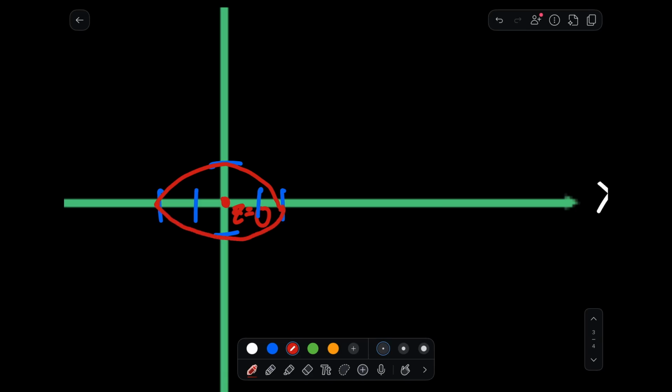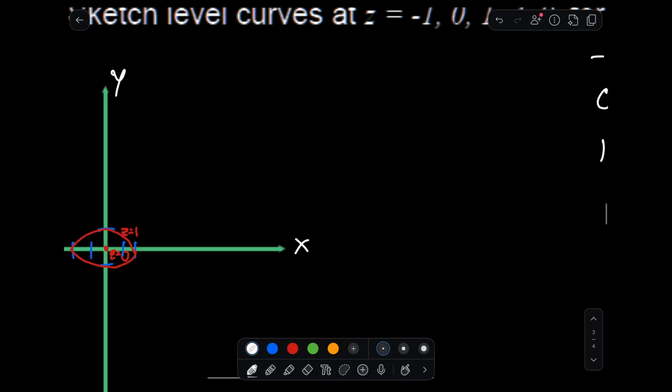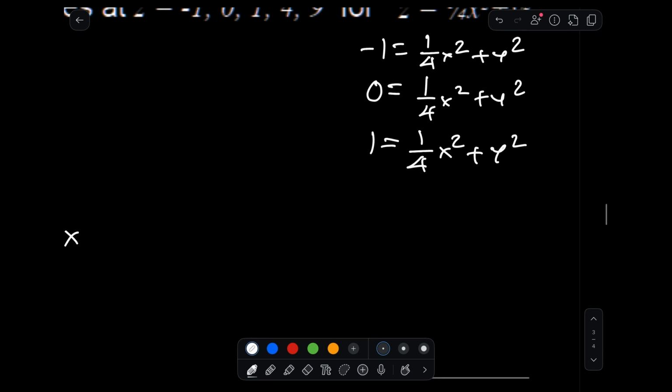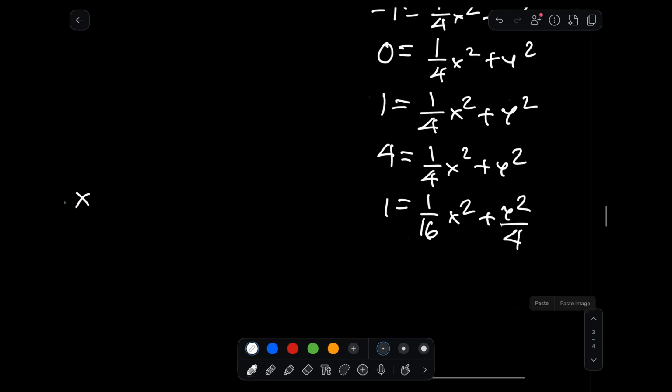That looks adequate for the purposes of this problem. And then let's see, equals 1. 4 equals 1 over 4x squared plus y squared, which is just also another way to say 1 equals 1 over 16x squared plus y squared over 4.